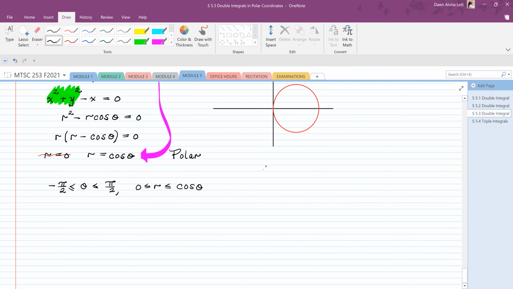If I set cosine theta equal to 0, I get theta equals minus pi over 2 or pi over 2. That's how I know it goes from one to the other. Okay.